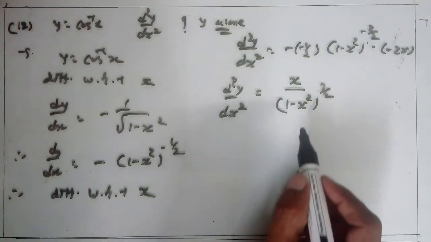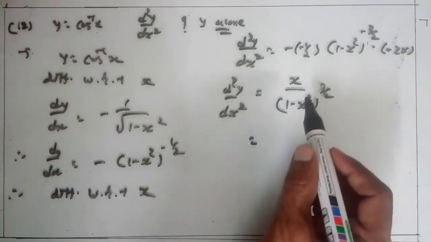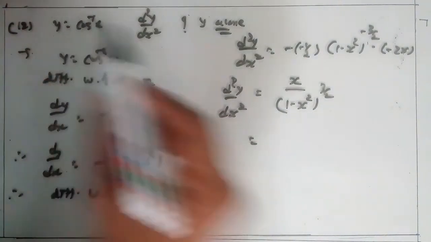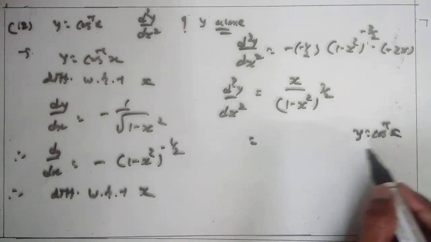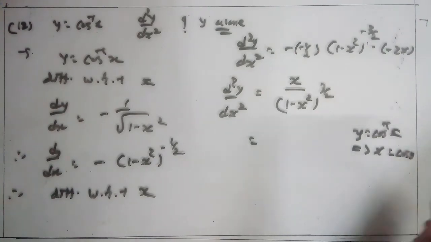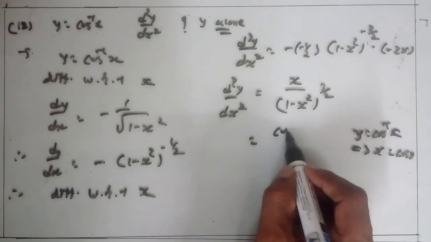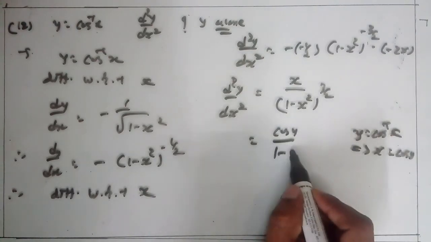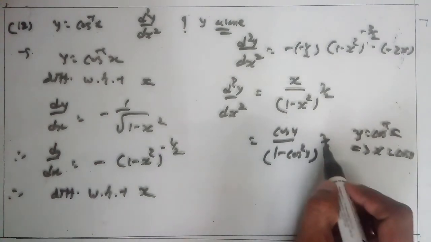Here we want to get these terms into only y terms. Here y is equal to cos inverse x given, so this implies x is equal to cos y. So replace x by cos y, we get cos y upon (1 minus cos square y) raised to 3 by 2. Clear?